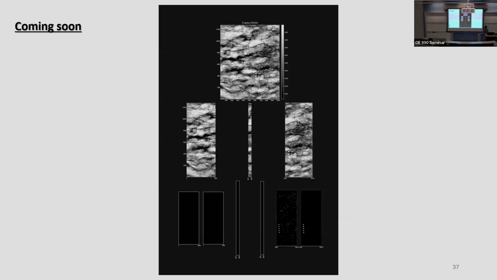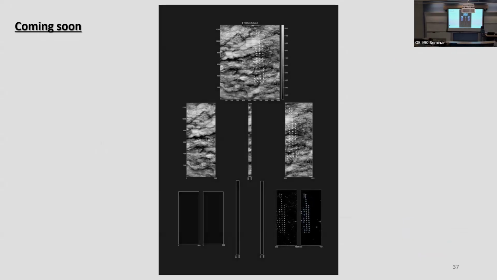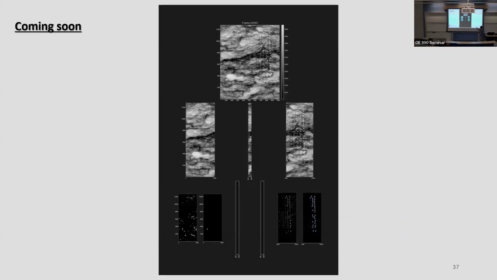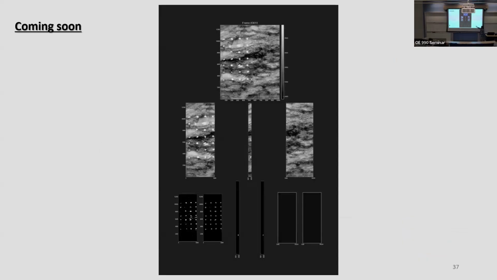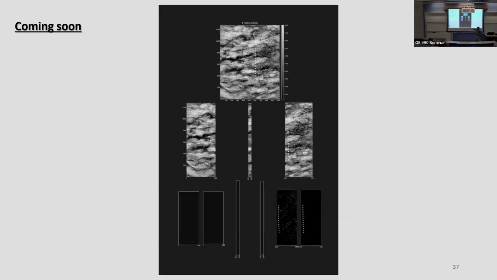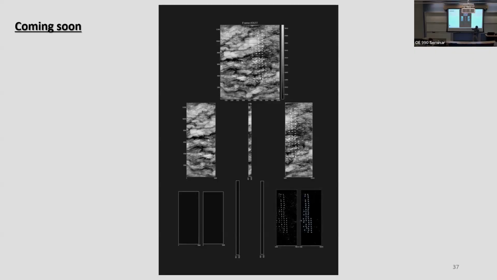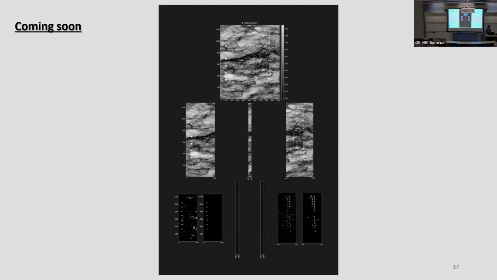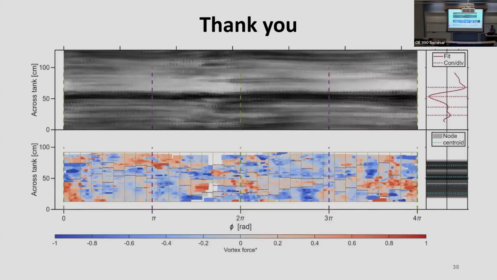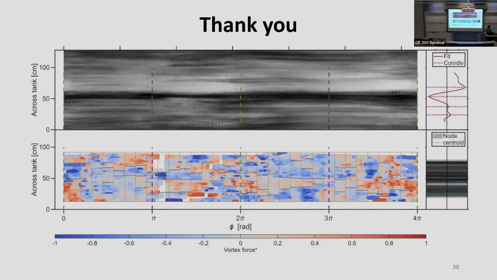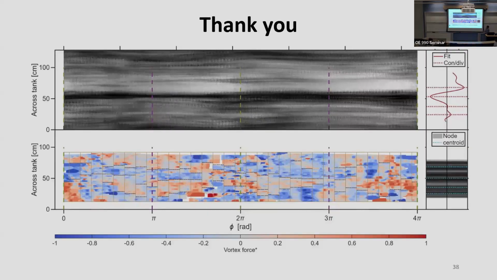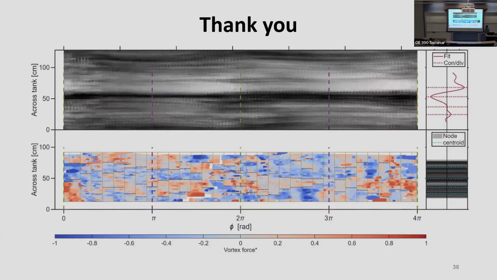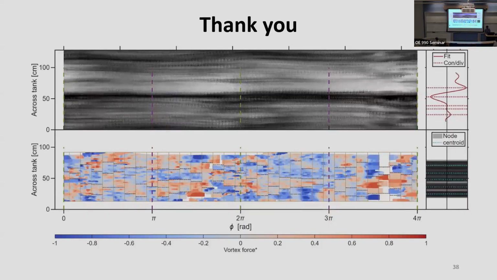Now, I want to point out what's about to come. We are working on a data set now where we have a line marker, which would give us very fine resolution spatial velocity. And that's about it. This is a video which just shows the vortex force contour map, but as a video. So, thank you.